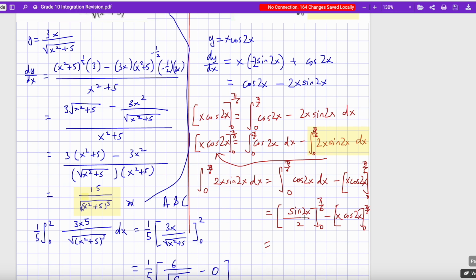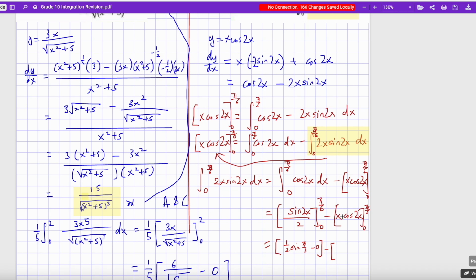So we substitute pi over 6 in: sine pi over 3 times half, that would be half of sine pi over 3, which gives root 3 over 2, if I'm not mistaken. Substituting 0, sine 0 is 0, so it will be just minus 0. On this side, we substitute pi over 6, so we get cosine of pi over 3.